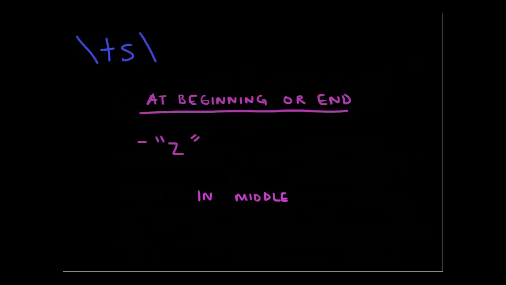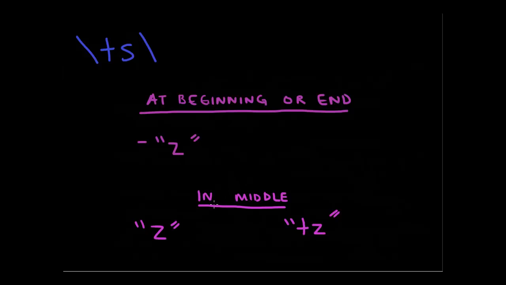Okay, in the middle, let me fix this E. It's going to be either a Z, so still a Z, or a TZ. And again, neither one is better than the other. They are pretty much equal, 50-50 chance.